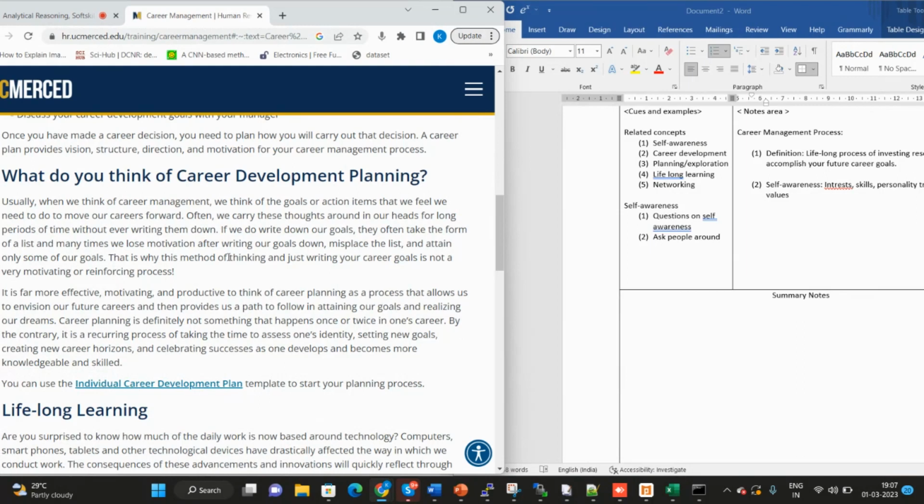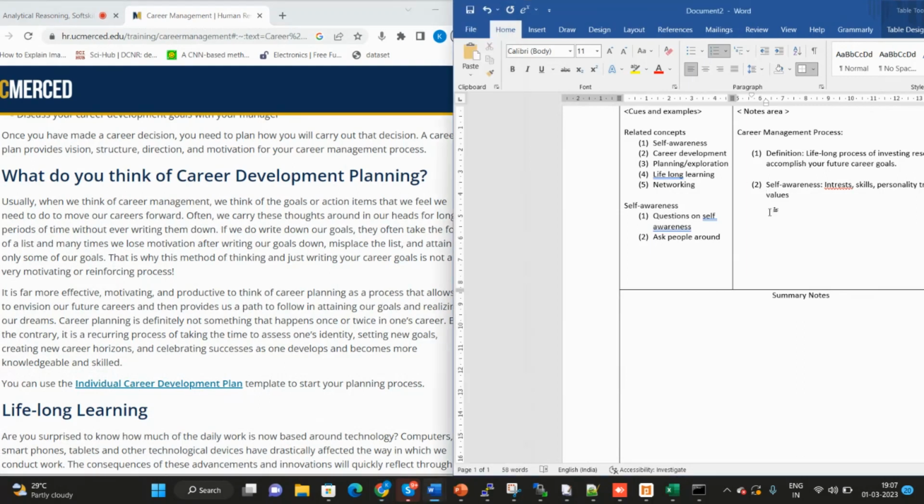So இப்போ from these two paragraphs, what do you want to write? Notesல எழுத போறியா இல்ல Qsல எழுதிக்கிறியா? Notesல ma'am. ஓகே.